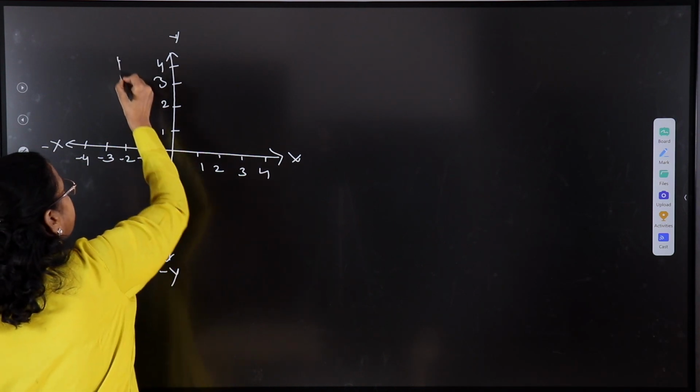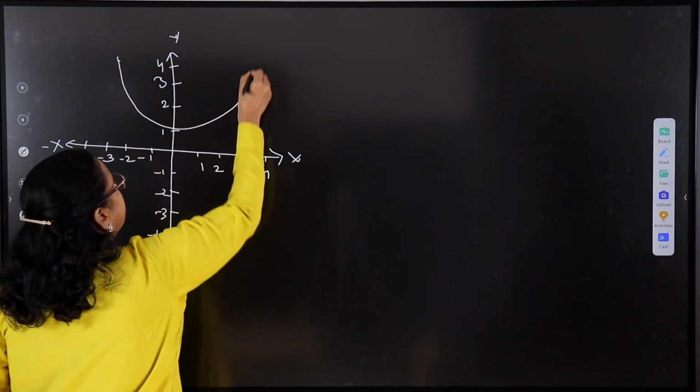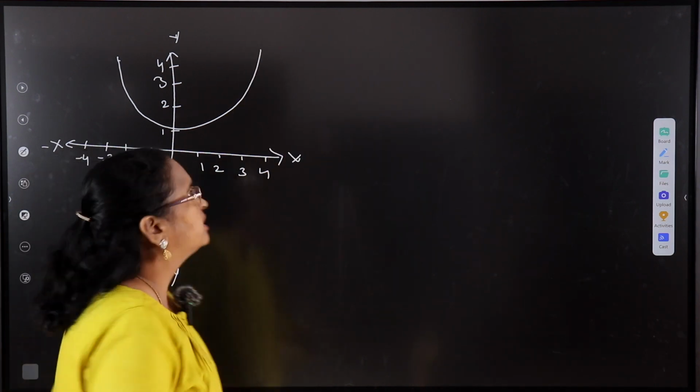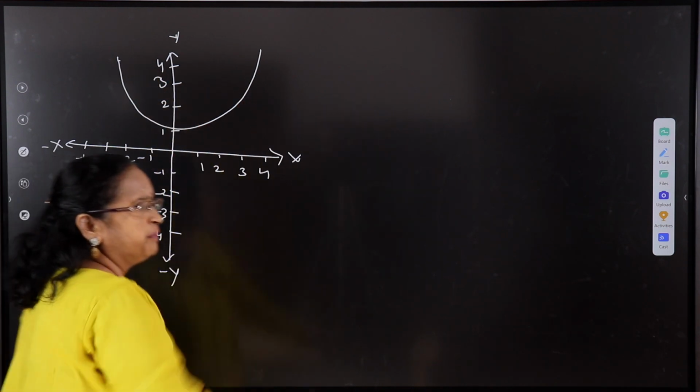Suppose I have a graph which is in the shape of a parabola.